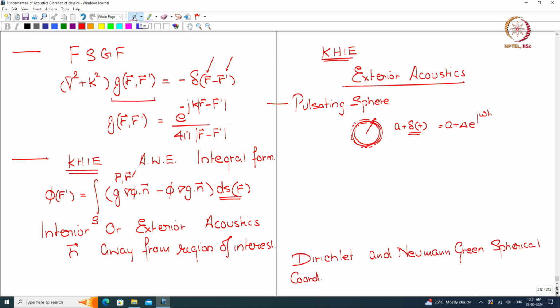And before that, we took a look at the acoustic wave equation in spherical coordinates, using separation of variables.